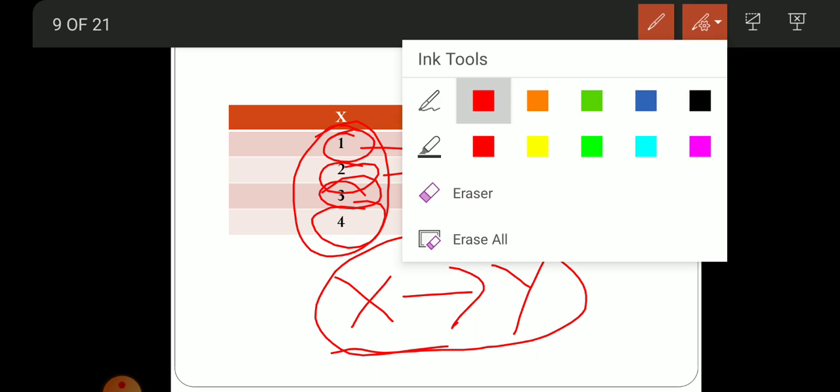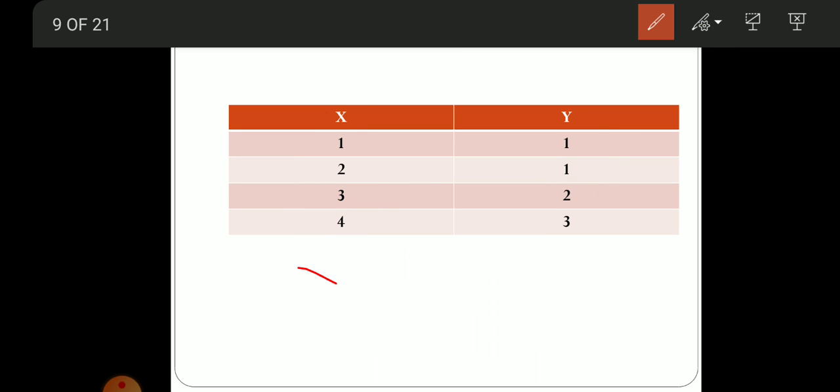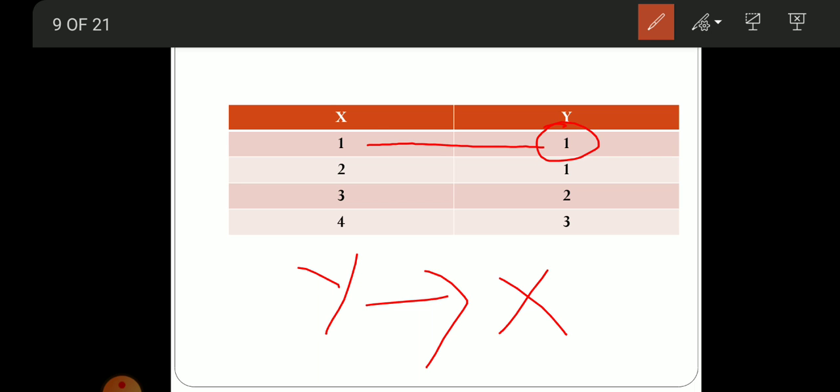If we talk about the opposite condition, like y to x, then this functional dependency will never exist. Why? Because of the same problem. See, the y value is 1 and we have the x value 1, and for this same y value 1 we also have the x value 2.